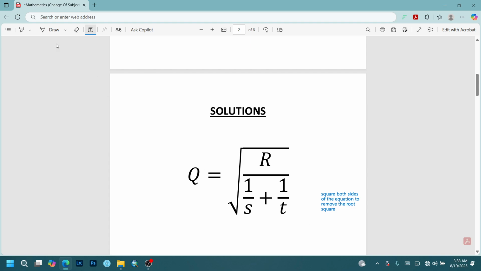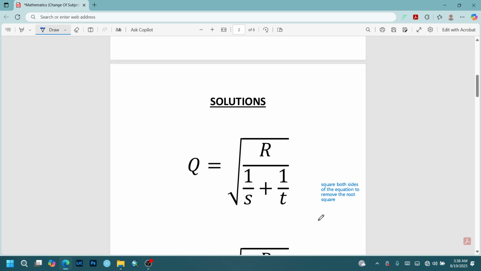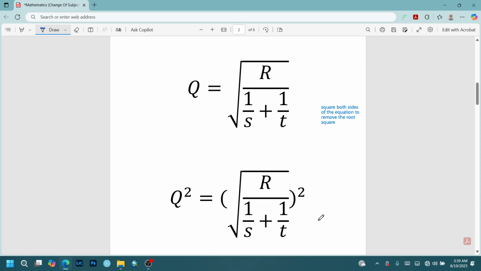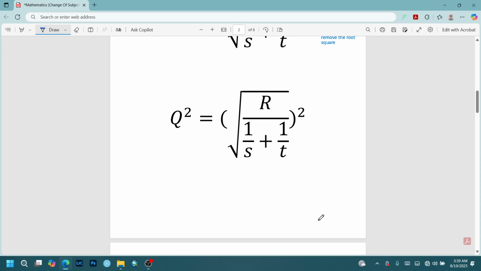So in doing so, we are going to have our equation to be Q square equals the square root of the fraction R over the fraction 1 over S plus the fraction 1 over T, all squared, right?